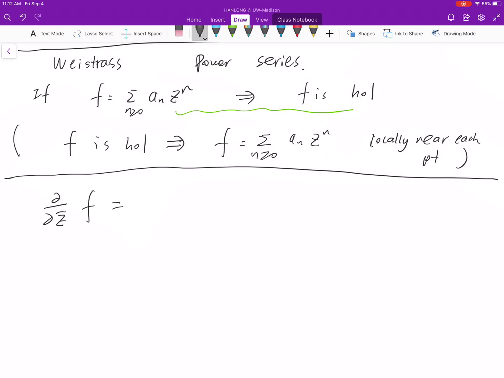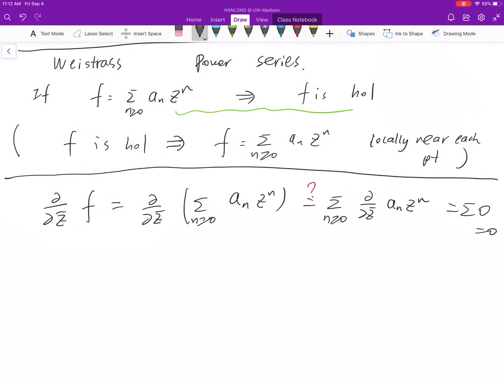So what is this? This is the partial of a summation, a power series, which equals the summation of partial derivatives. So this must be a summation of 0, which is 0.